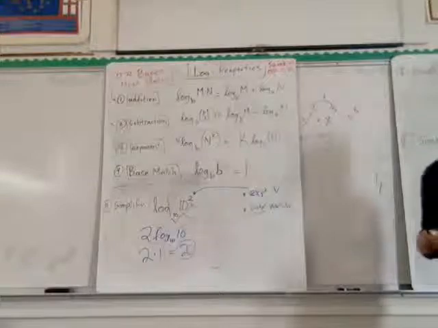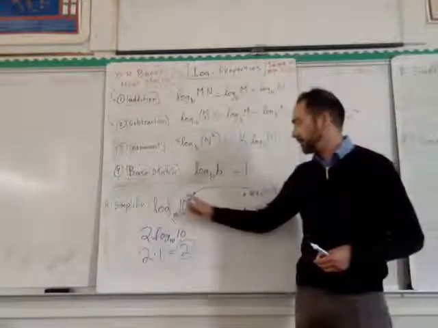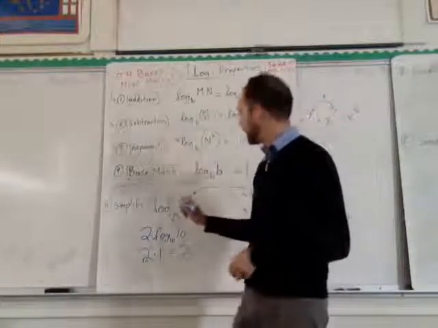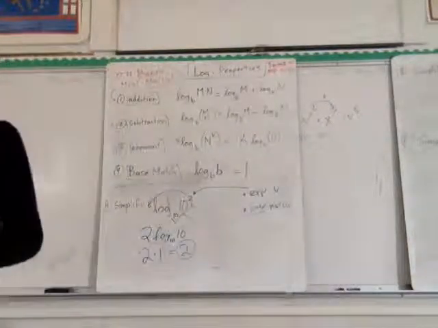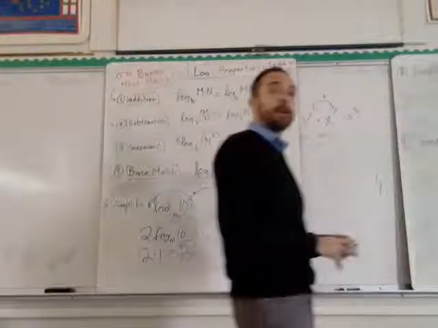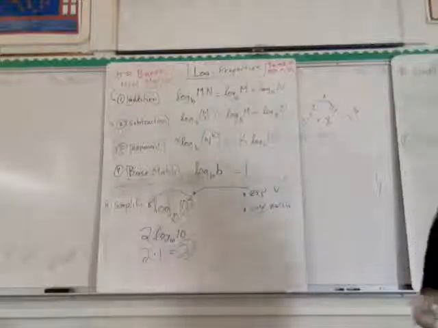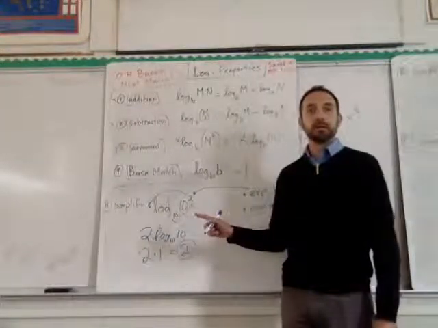You have to move the exponent. We have to move the 2 out in front. Okay, that's one crux, and I think that was the main crux. What's another idea there? The log and the base. Base 10 of 10. Yeah, and remember to cross it out if it matches.